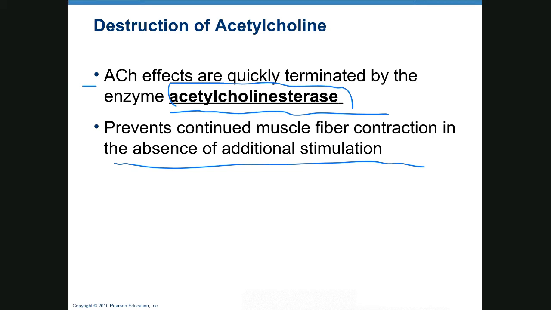And this is what sarin gas does. It blocks acetylcholinesterase. So you have acetylcholine just constantly zapping that neuromuscular junction. So muscles of respiration, all the muscles in the body are starting to contract.